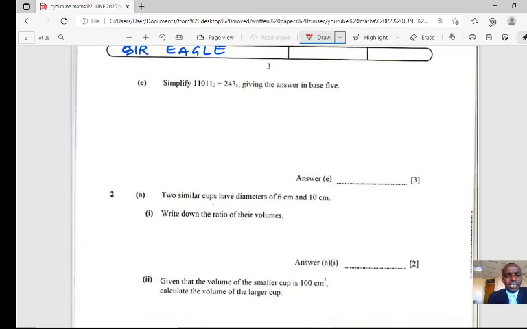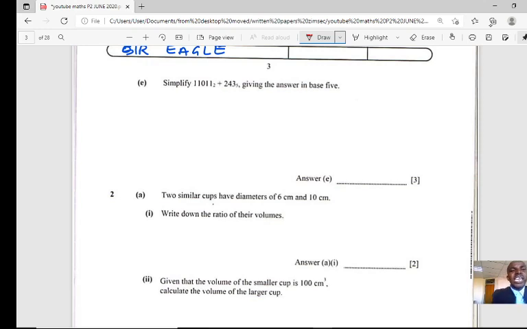Next part, E. Simplify. These are number bases. So we want to give our answer in base 5. What do you have to do? There are two ways. One way is to convert all these number bases to base 10. You weight them, you simplify them in base 10, then you convert from base 10 back to base 5.